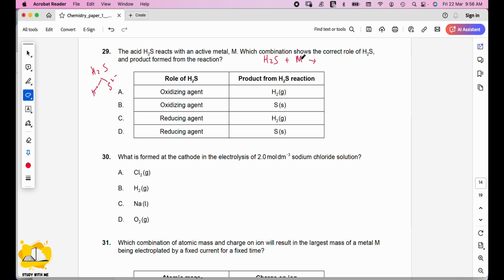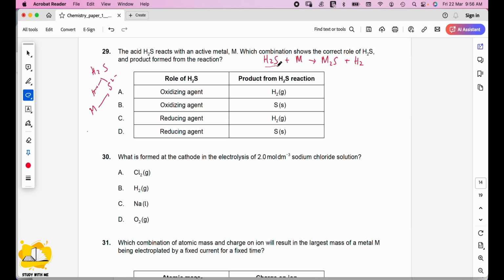So when it reacts with M as a metal, M will react with S. So M and S2 minus, so it will be M2S plus hydrogen.